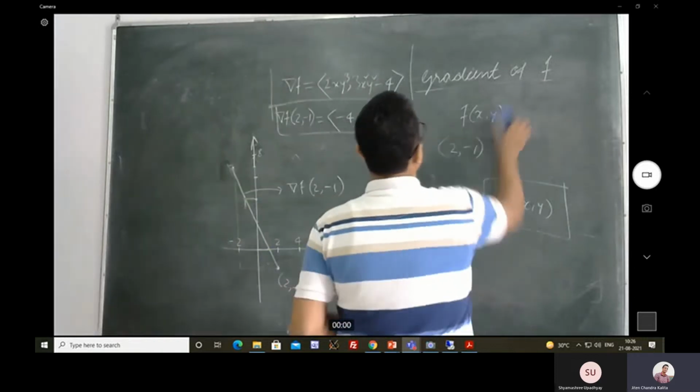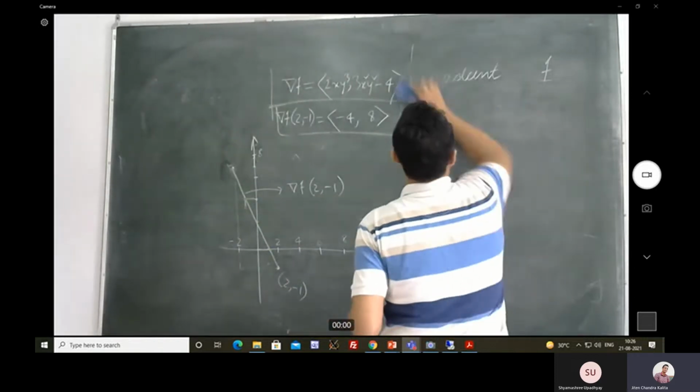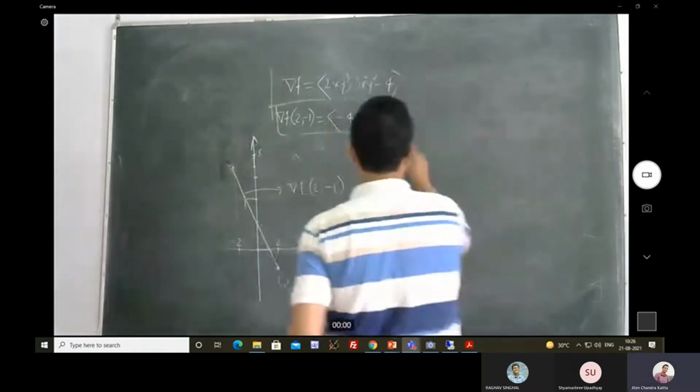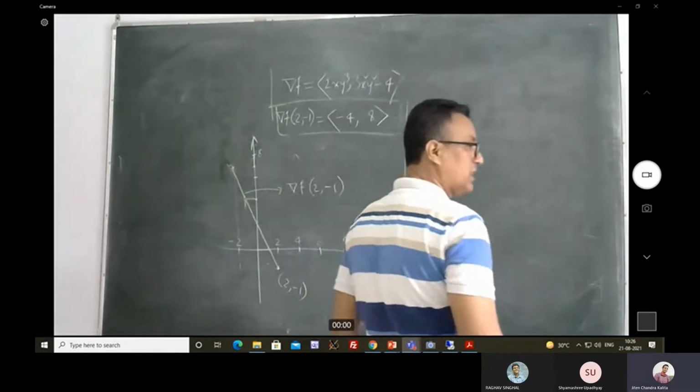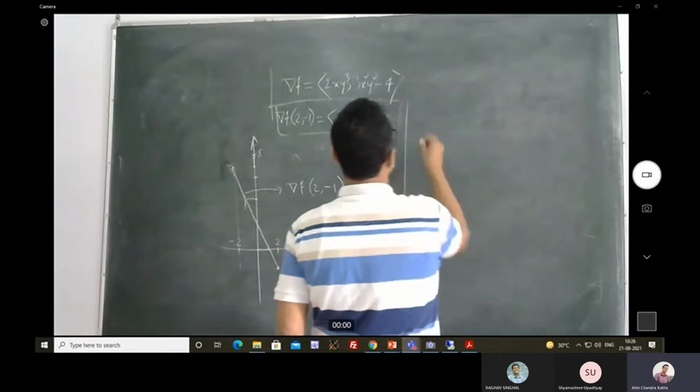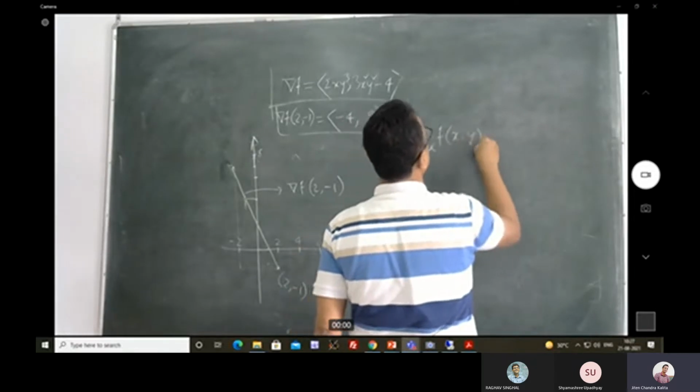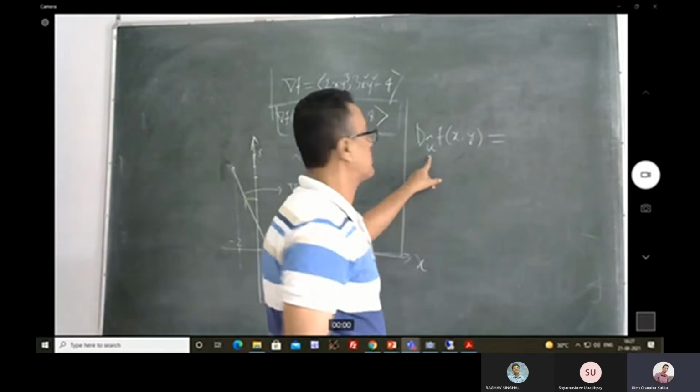So now let us come back to the definition of directional derivative in terms of gradient vector again. Suppose I am considering the directional derivative in the direction of u cap.